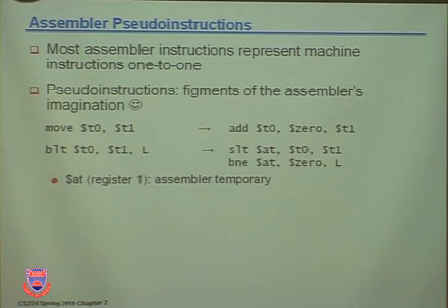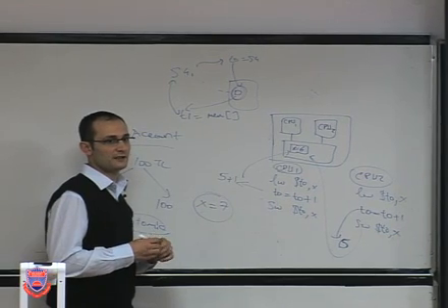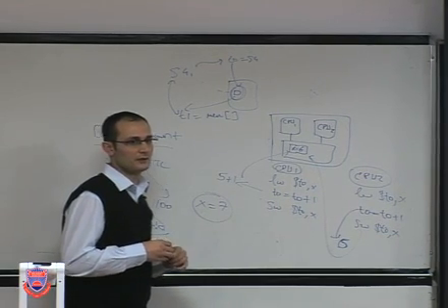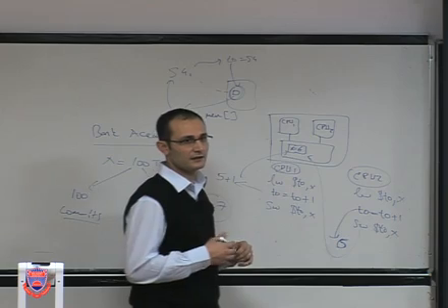Okay. So for example, can you think of another example? Branch greater than. Yeah, BGT, sorry. Or BGE, or any other version of this branch. Or for example, subtract a negative number, which doesn't exist.